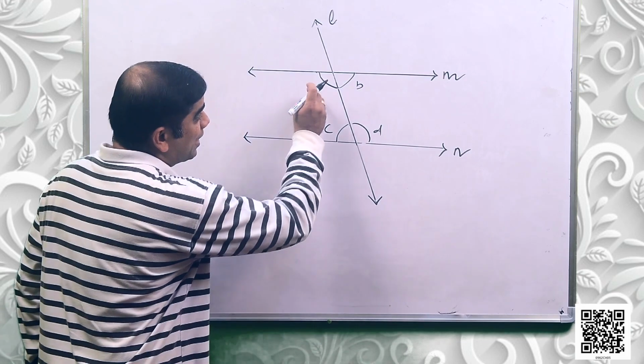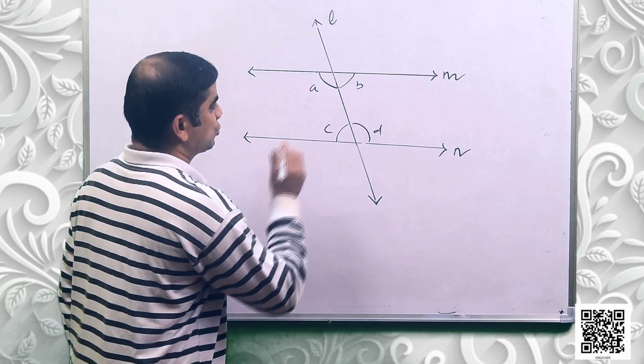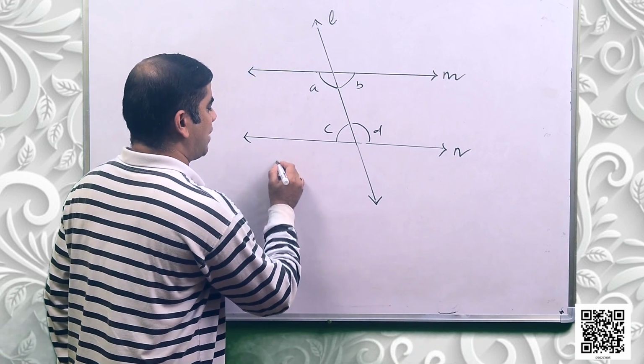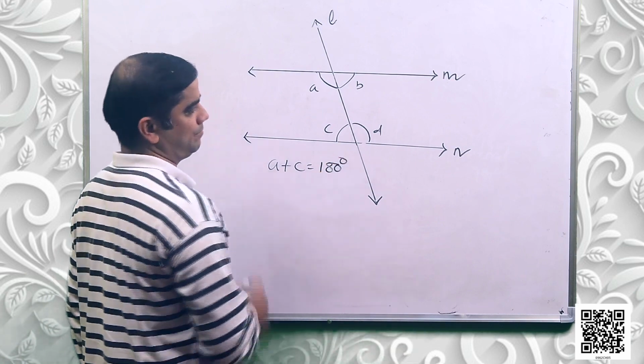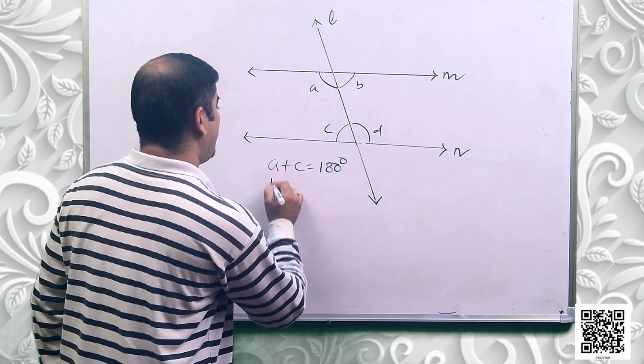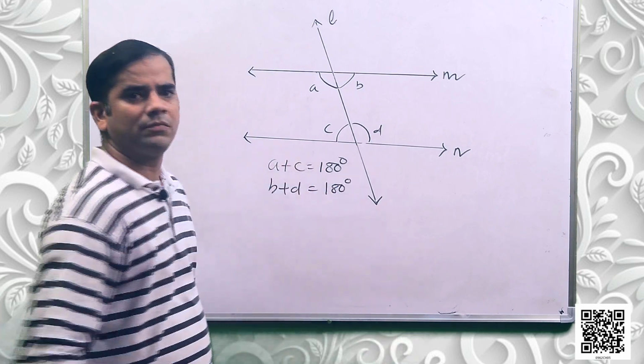So, AC are also called co-interior angles. A point may be there where A plus C is equal to 180 degrees. That means B plus D is equal to 180 degrees.